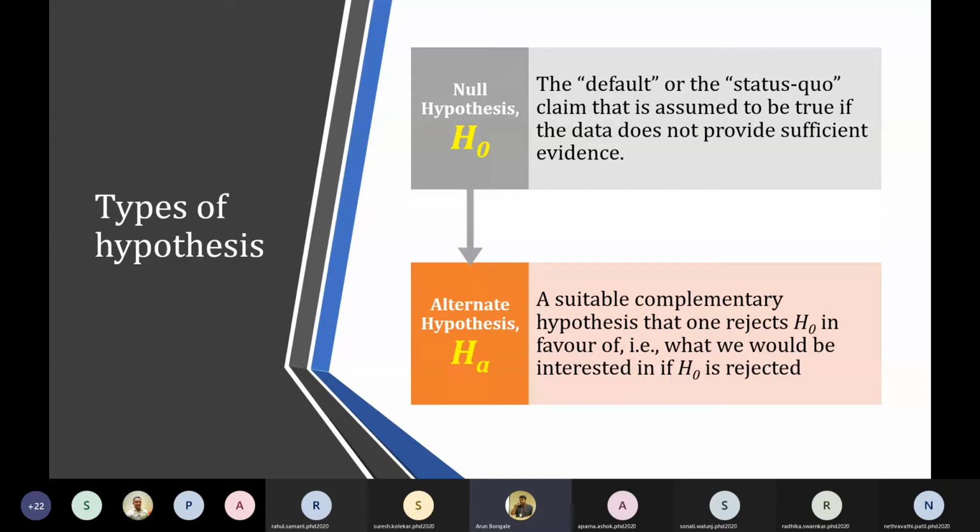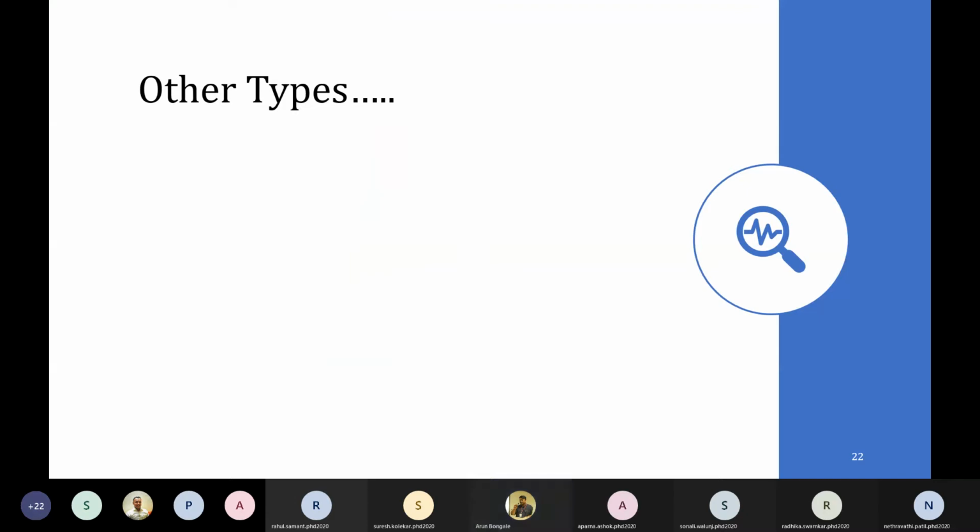If the null hypothesis is rejected, then it should automatically be assumed that the alternate hypothesis is accepted, right? So that is what the alternate hypothesis, the complementary part of the null hypothesis, is.